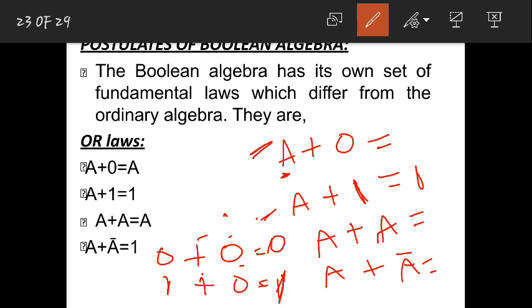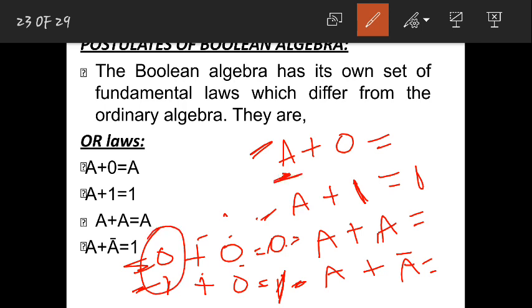So what you get to know here is that the result is neither always 1 nor always 0. You are getting 0 and 1, which means whatever is there here, you are getting that here. Whatever is there, 1, you get the result as 1. So that means this is A.